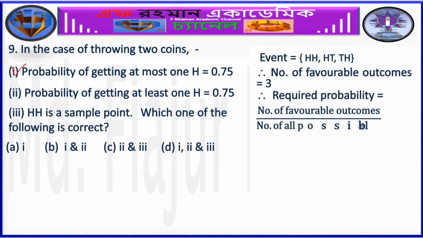Therefore, the required probability is 3 by 4, which is equal to 0.75. 2 is also correct. H is a sample point. That's why 3 is also correct. As a result, our correct answer is option D.